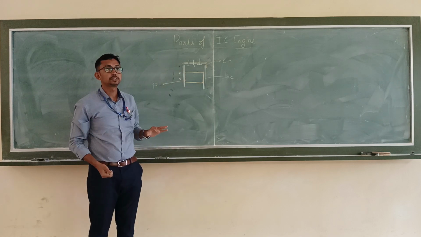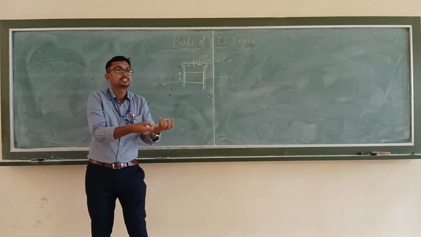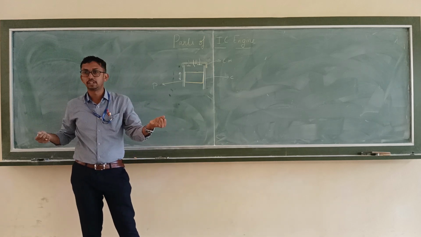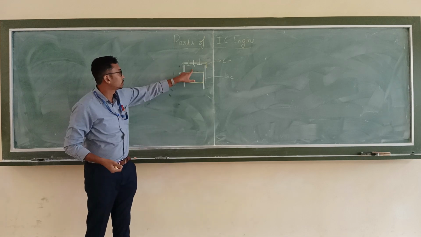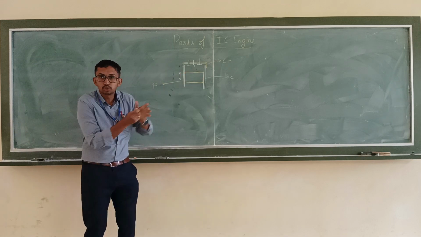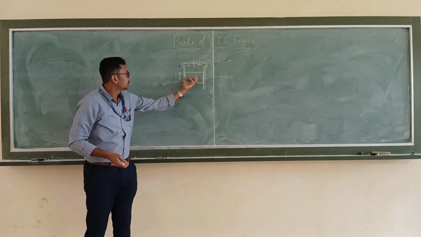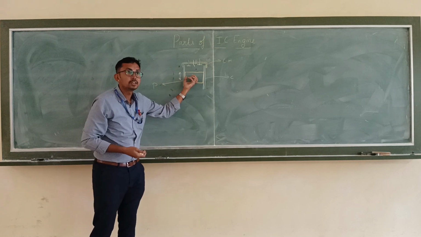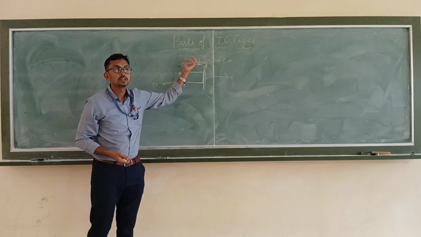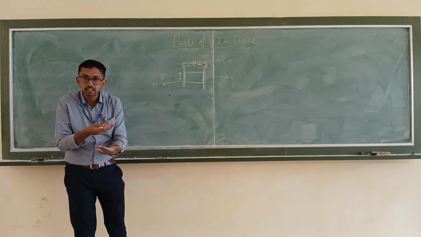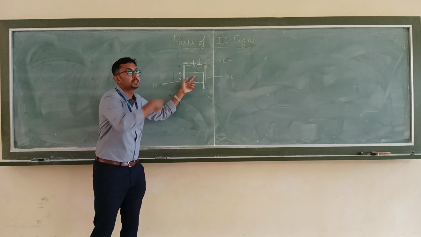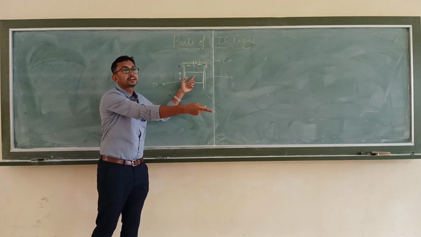The main function of the piston is to receive the impulsive force. From where? The combustion of fuel will take place over here and it is going to expand. So the piston receives the impulsive force from the combustion of fuel. Whatever power is received has to be transferred to where?